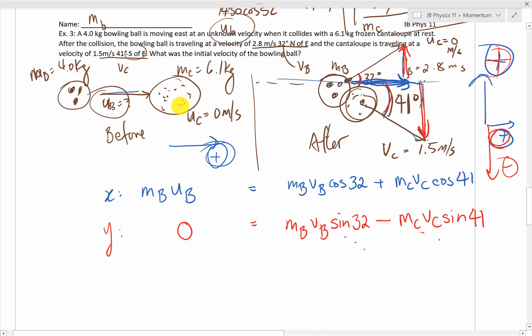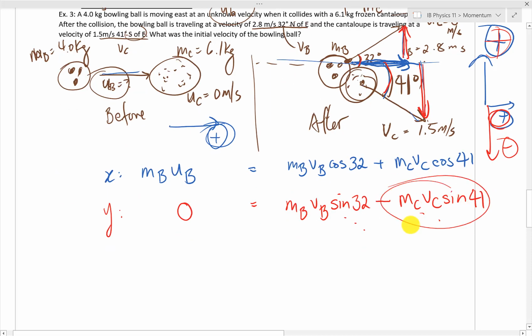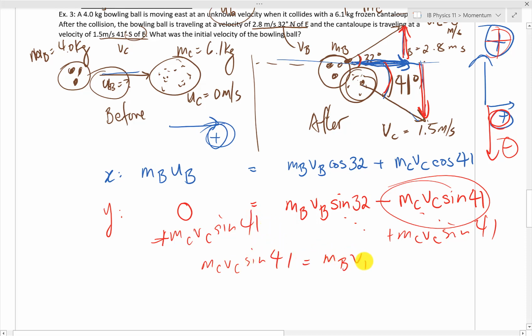You are correct. In fact, if I do move MCVC sine 41 to the other side, that turns into MCVC sine 41 equals MBVB sine 32. So yes, you're absolutely right. They are equal. But in fact, we don't even care about that.